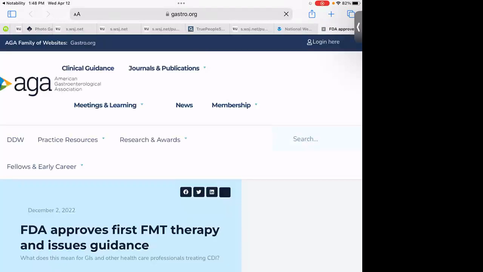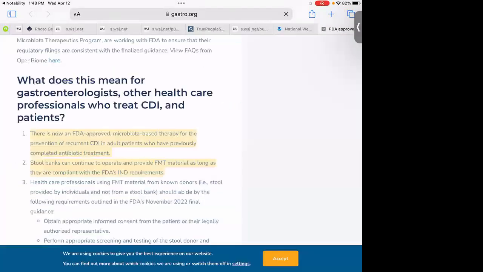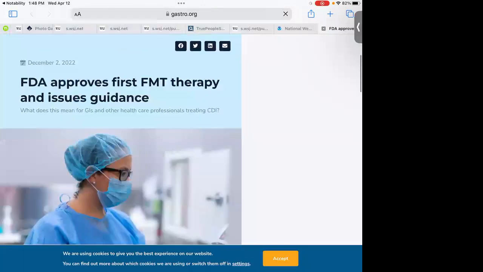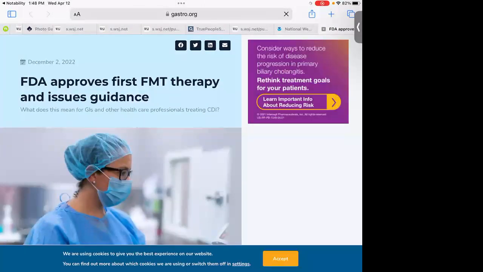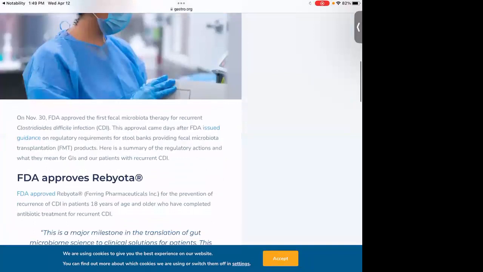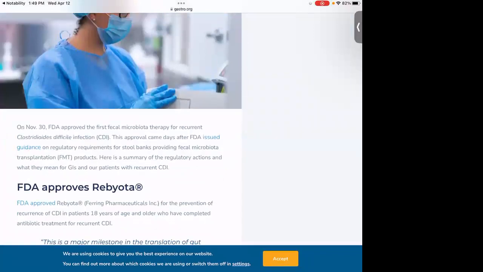All right. So as of December, the FDA approved this FMT therapy and issued some guidelines. So that may mean that this becomes a little bit more common. And I see now that there's a pharmaceutical company that has got the brand, they've got this just regulated more.